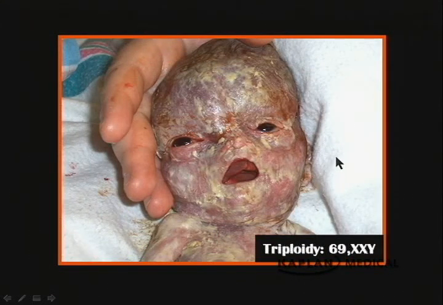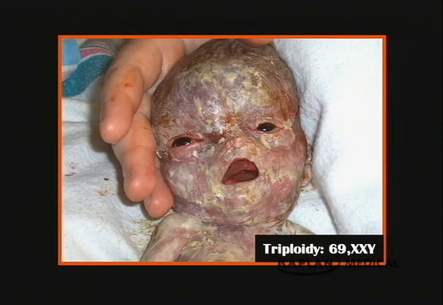This is a patient of mine who gave birth to a triploidy baby. Now, what do you think we found prenatally? Marked growth restriction, intrauterine growth restriction, significant. And one of the things that you will find that causes severe intrauterine growth restriction is aneuploidy, early first trimester infections, gross anomalies.